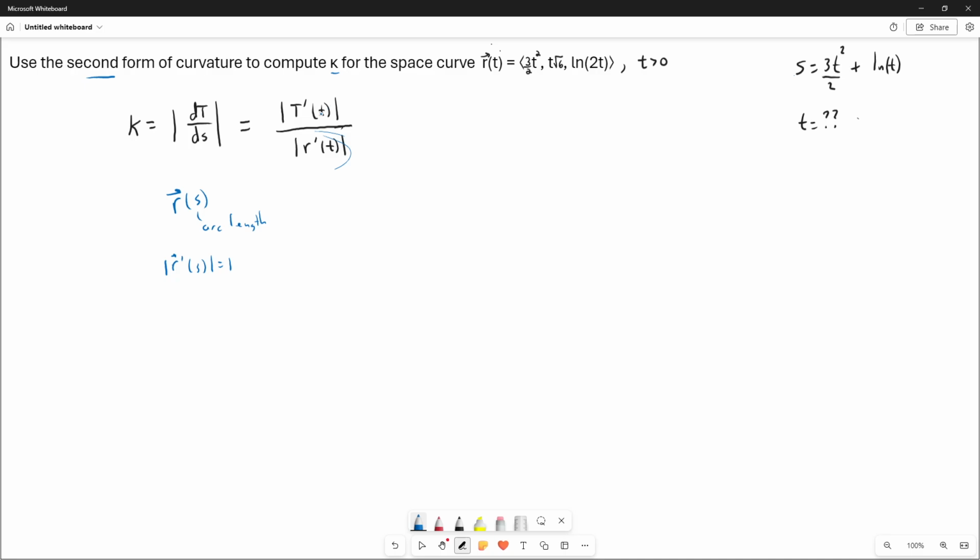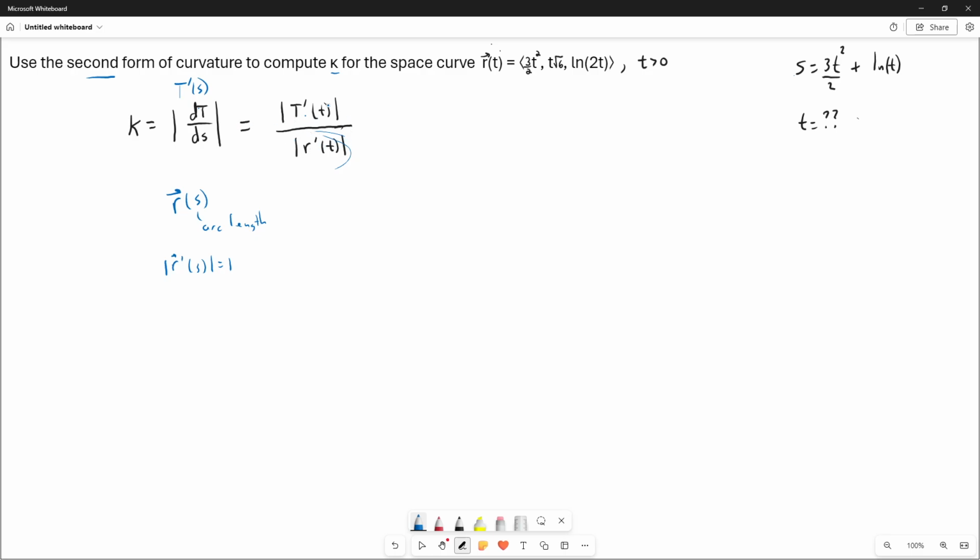Notice that if this t were an arc length parameter, then these would be exactly equal, because this is nothing other than T prime of s. And so if t was an arc length parameter, this would exactly be that, and then this would be 1.